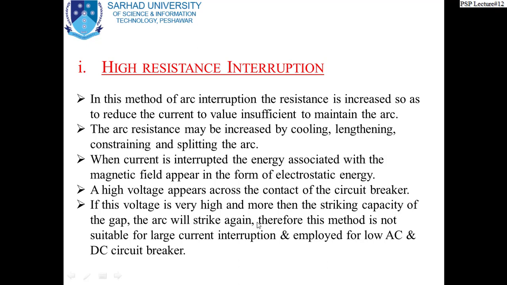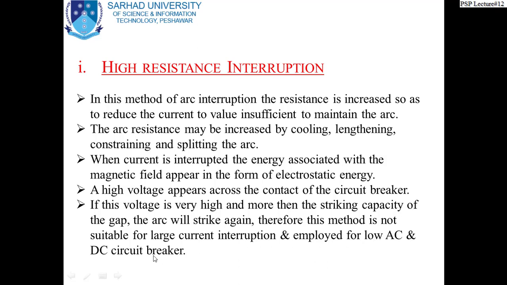This method is not suitable for large current interruption. So, gentlemen, if this voltage is very high and more than the striking voltage of the air, the arc will strike again. Therefore, this method is not suitable for large current interruption and is applied for low AC DC circuit breakers.